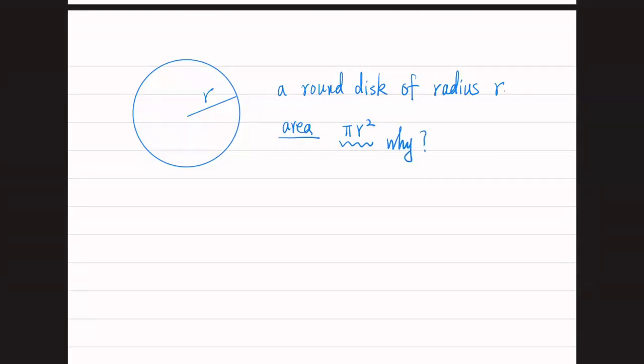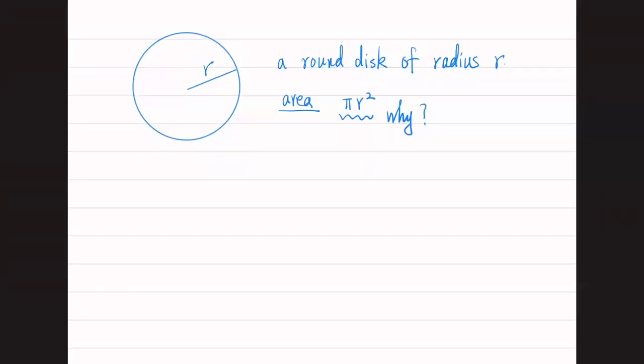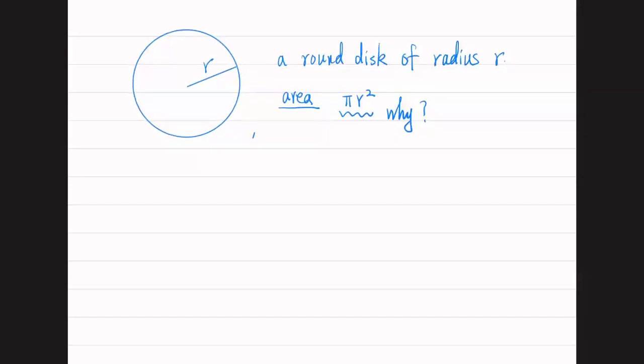First, the observation: this area is A over r squared, and this ratio is constant.